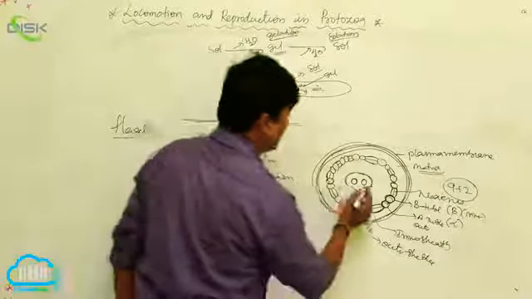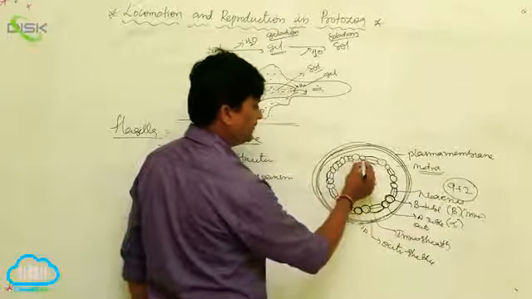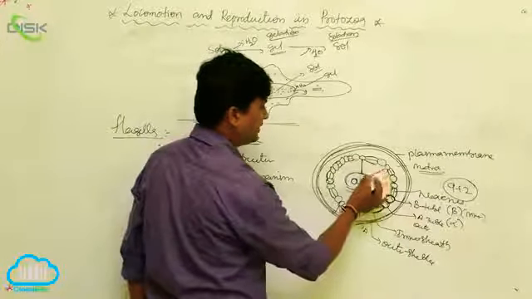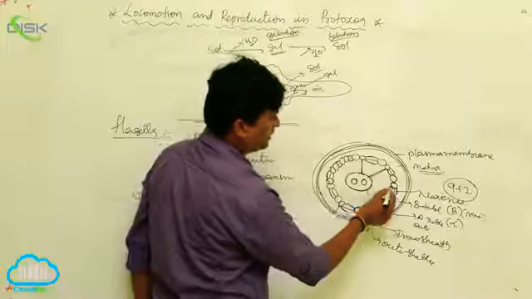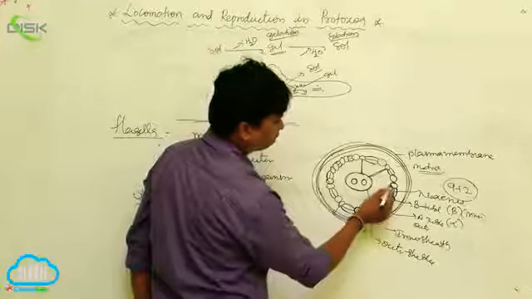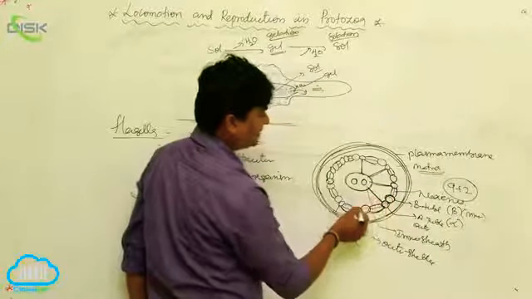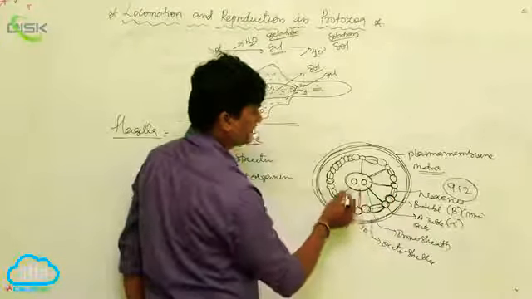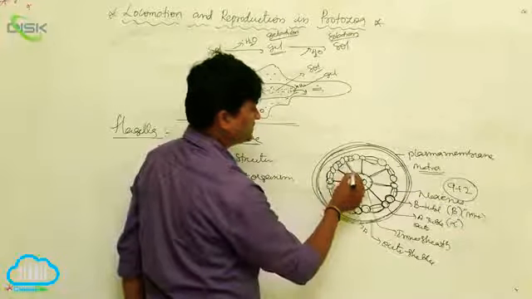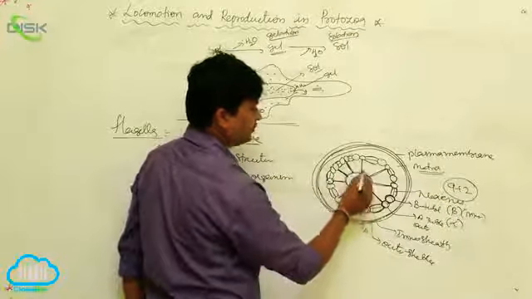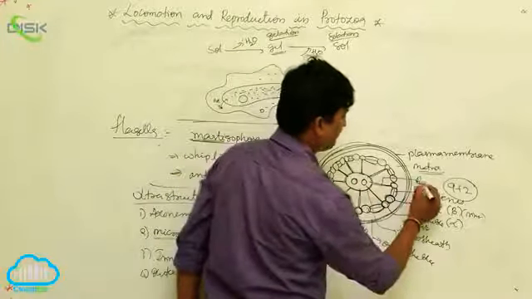Right, here from the A tubule, spoke-like structures originate, which we call radial spokes. It is similar to the wheel of a bicycle, which has spokes arranged from the rim to the central axle. These we call radial spokes.